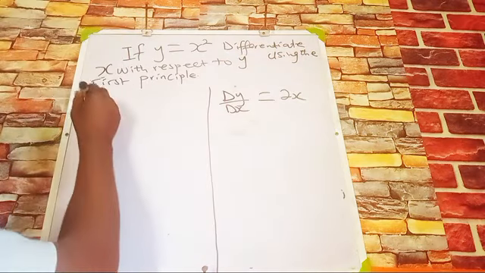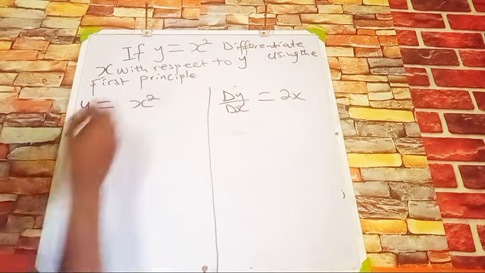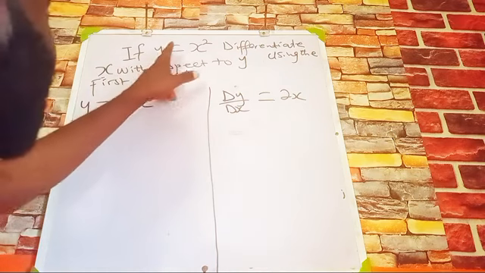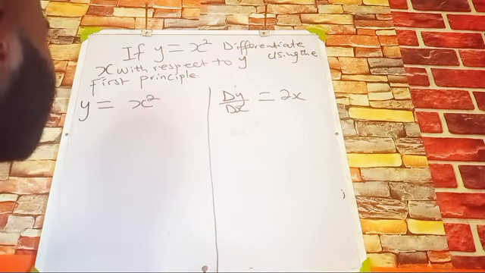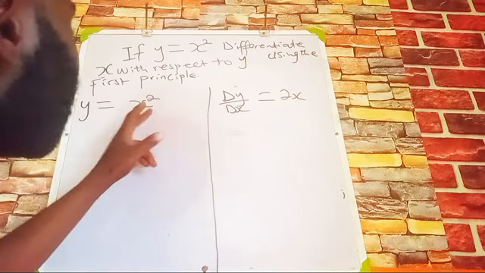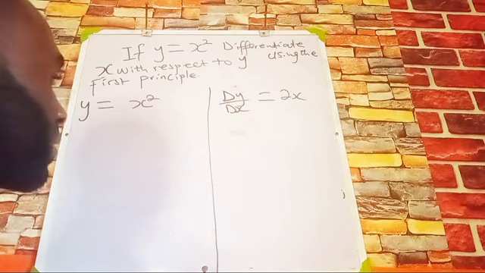When you have y is equal to x squared and you're asked to differentiate y with respect to x, the first thing to do, you know that there is a small change in y and there is also a small change in x.